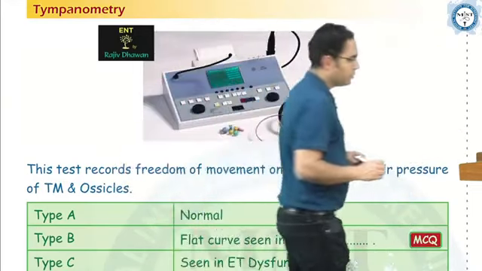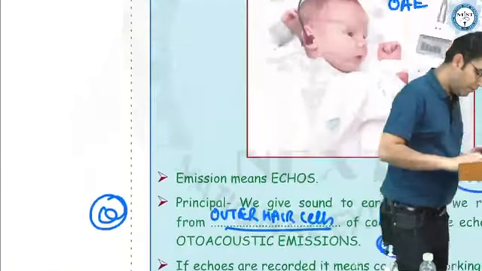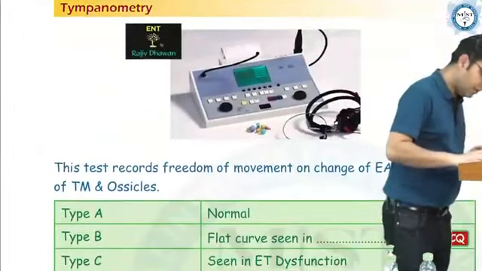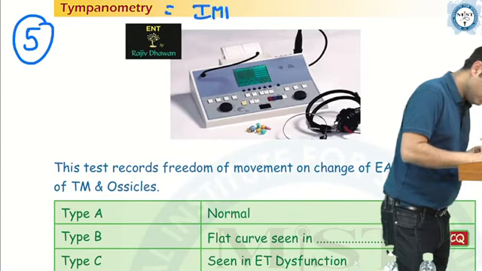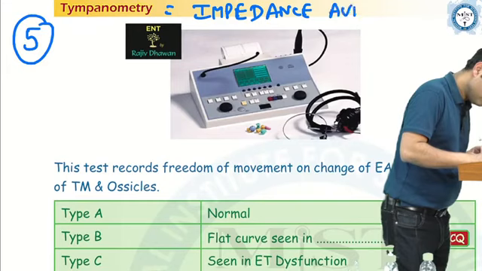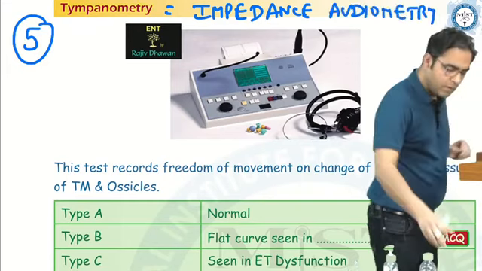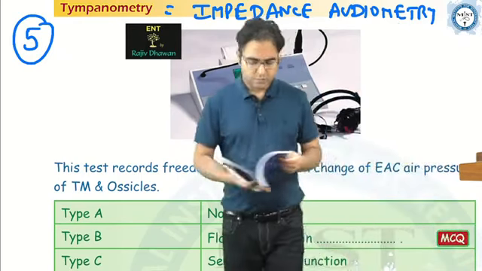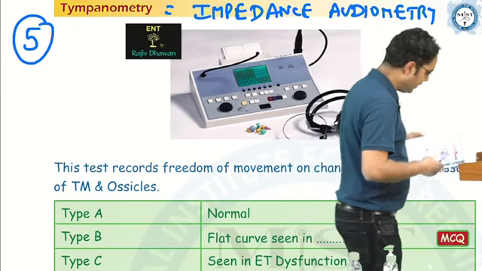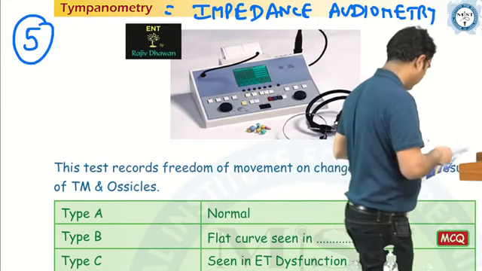Tympanometry, this is the fifth test. We're doing audiology, fifth test. Tympanometry, also called impedance audiometry.